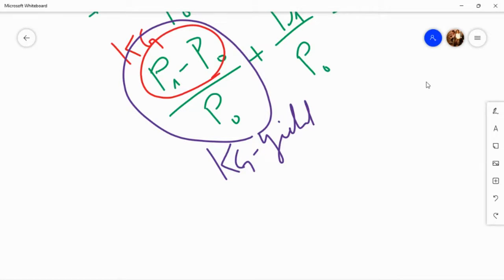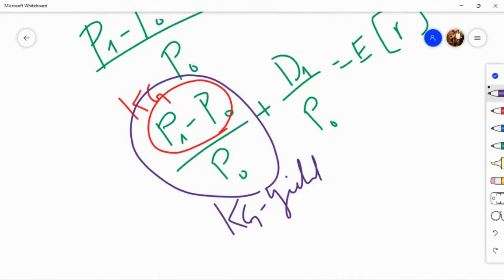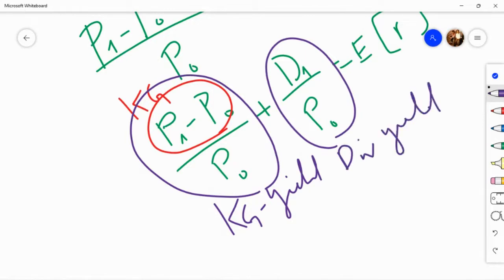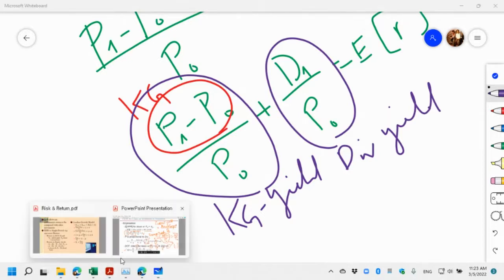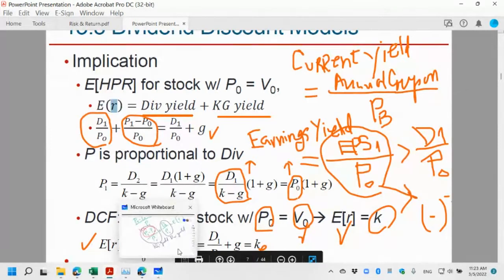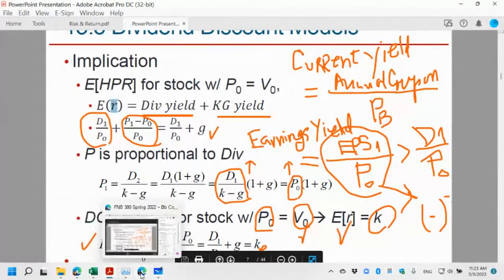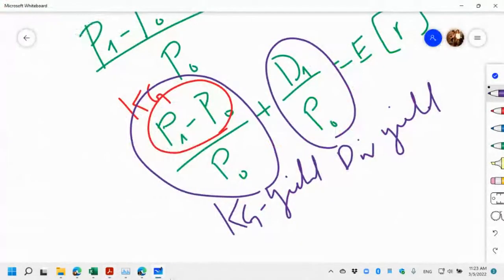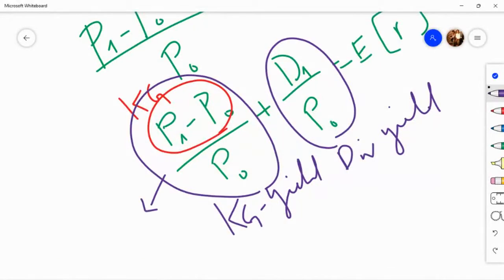And this is called dividend yield. So that's what it is saying: dividend yield, capital gains yield. And capital gains yield is, in other words, what is called the growth rate. Mathematically, think about it, this is nothing but the growth rate, right?